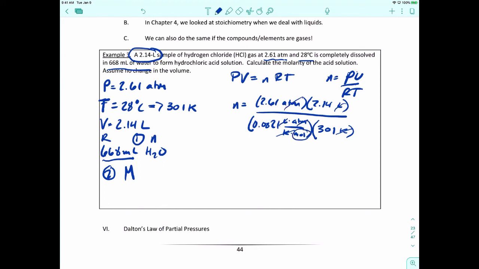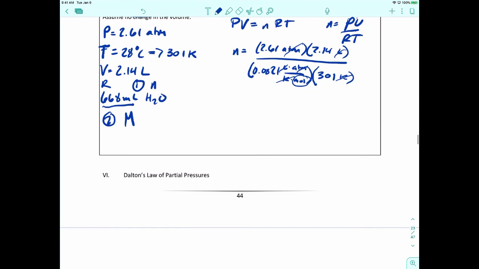So this is going to be 2.61 times 2.14 divided by the product of 301 times 0.0821, and that number should come out to be 0.226 moles of HCl.